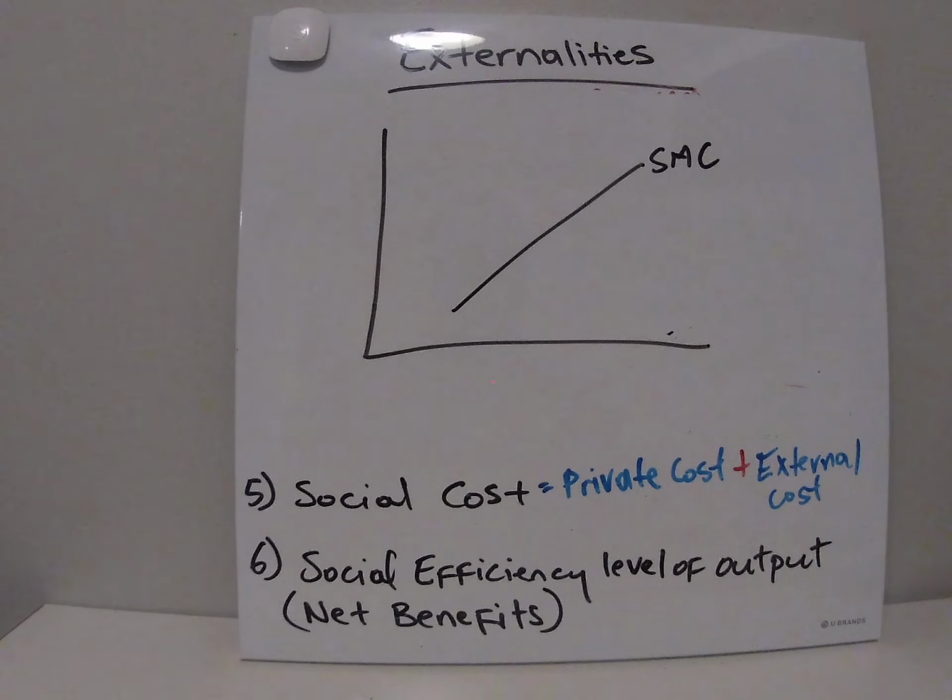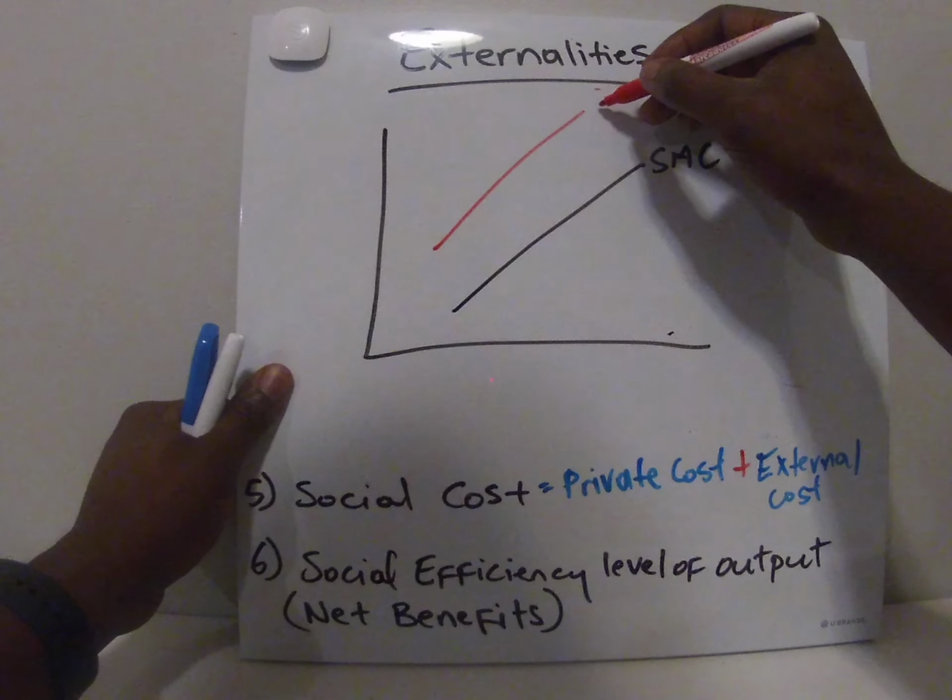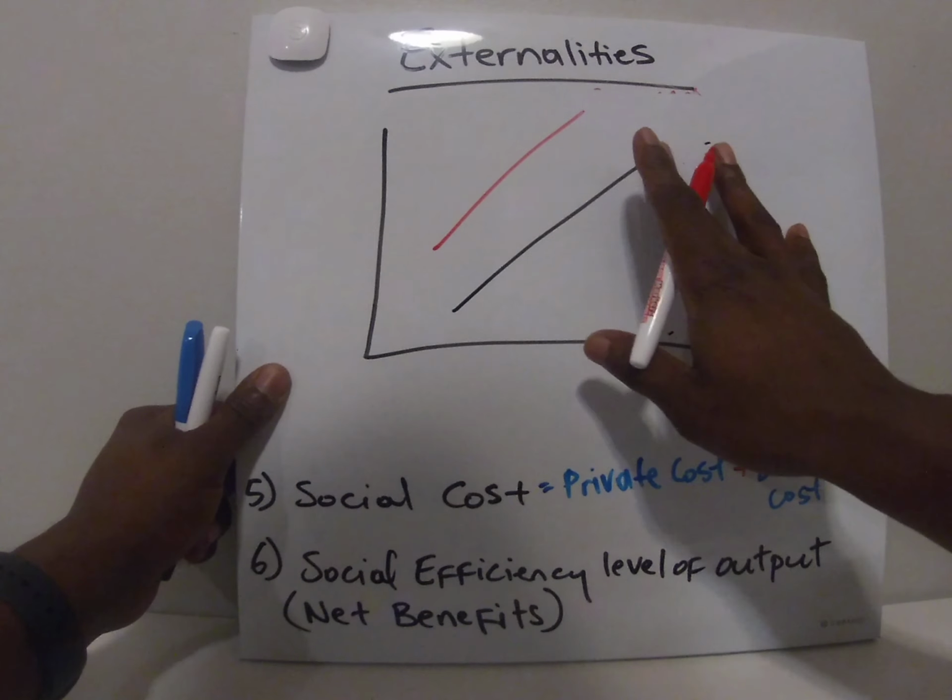So when we come on to social costs, we're thinking about private costs plus external costs. Private costs has to do with what the producer has to pay, the direct costs from the producer's perspective. The external cost has to do with what the third party has to bear. So remember, the smoke that comes off from the coal factory, whatever the case is. That external cost is additional costs that have to be paid from the third party perspective. So that would see us go in that direction, and actually, my bad.